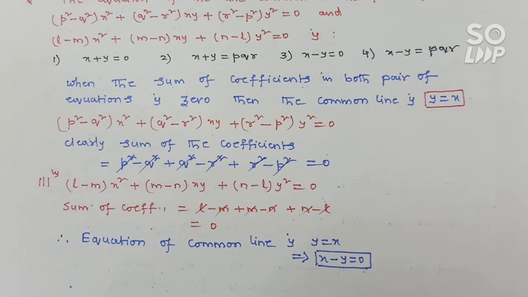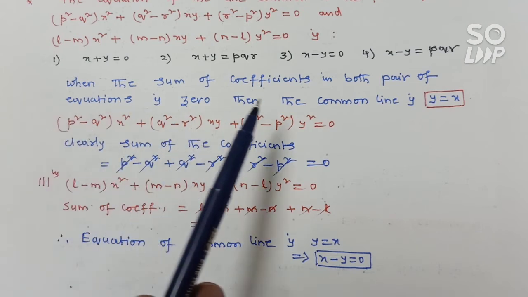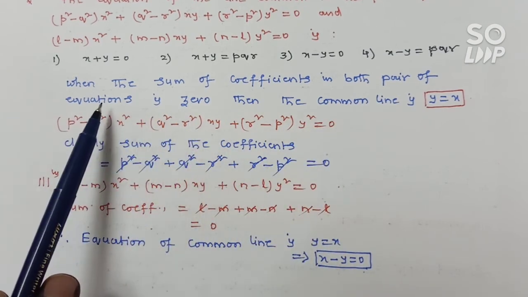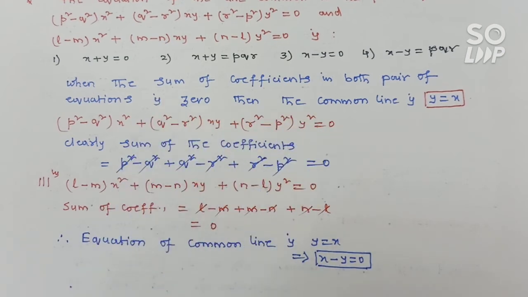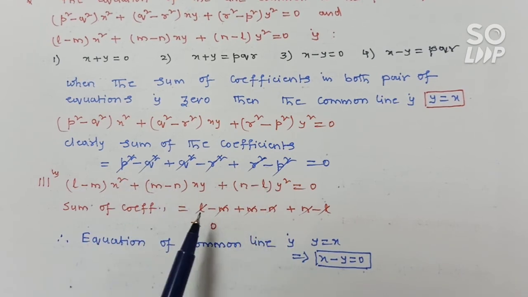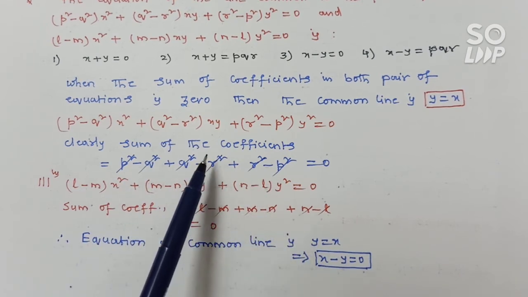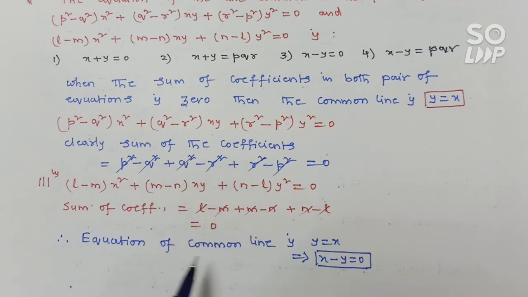But why am I writing here? To understand the solution. Here I write the first fundamental statement, and next I verify whether the sum of the coefficients is 0 in both pairs of equations. Therefore the common line will be x minus y equals 0. Now we'll see the next question.